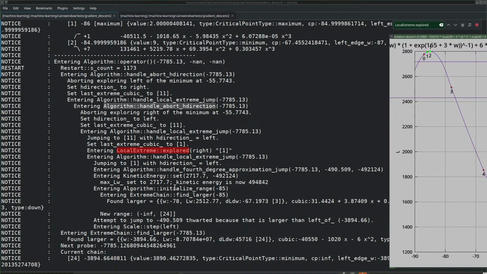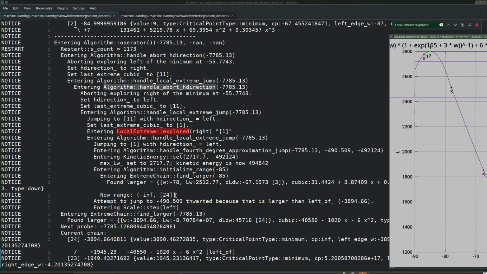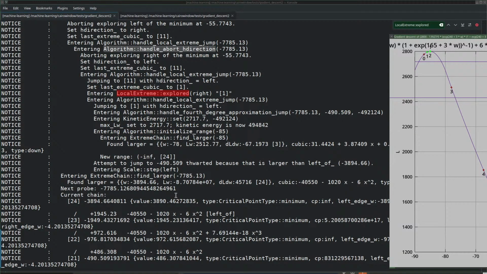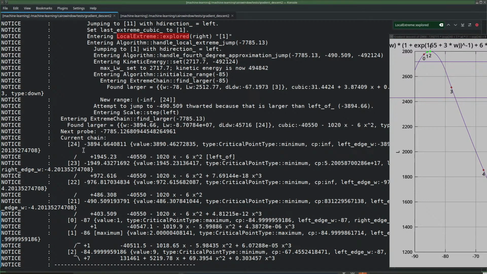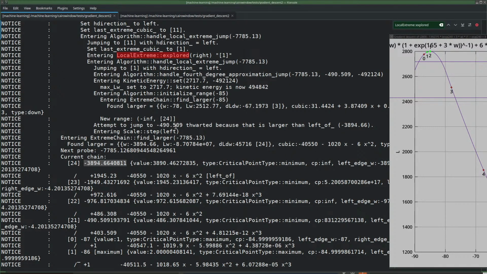Something is very wrong. So 24 is the smallest value that still was calculatable, and the range is set between minus infinity and that point.